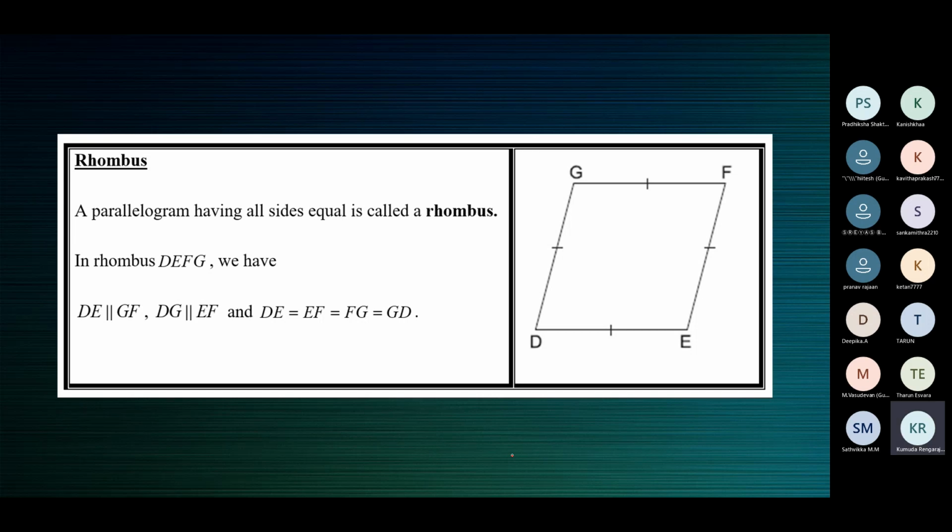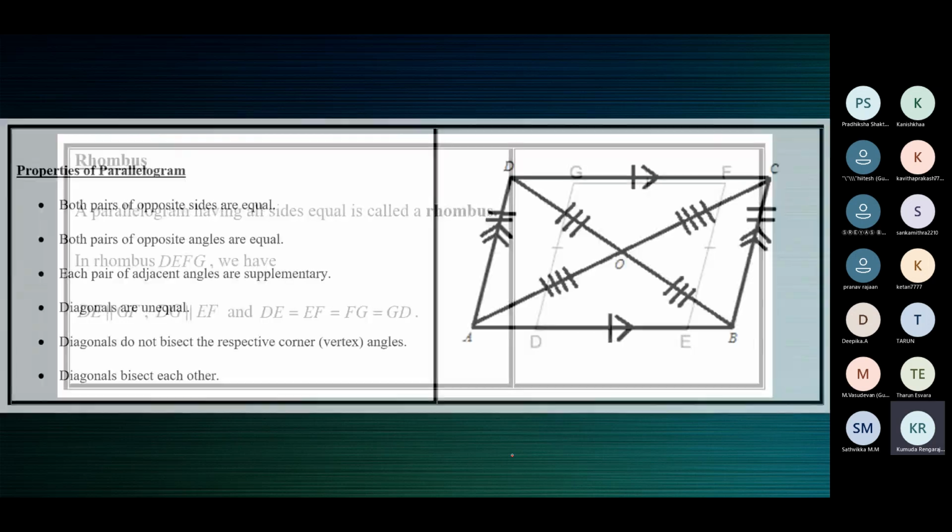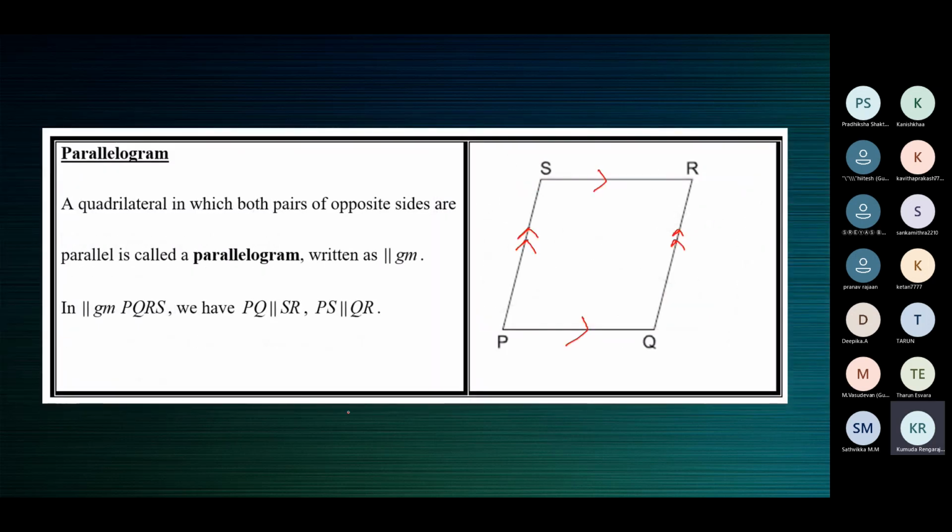So in the quadrilateral DEFG, opposite sides are parallel and equal. In the quadrilateral DEFG, sorry, all the sides are equal. And it's a parallelogram. A parallelogram in which all sides are equal is called a rhombus. So far we were saying a quadrilateral, children. What's a parallelogram?